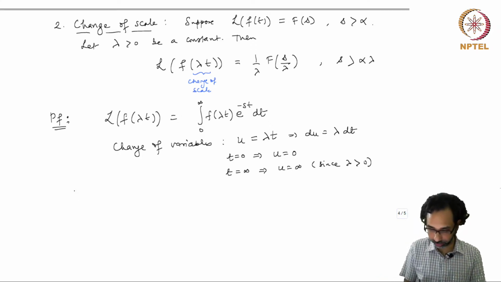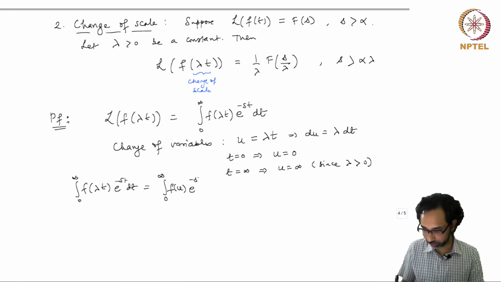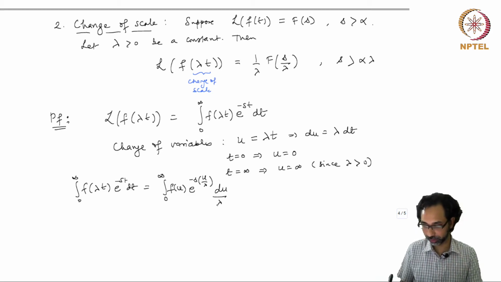So then our integral becomes the integral from 0 to infinity of f of u exponential minus s, now t is given by u by lambda, and dt is given by du over lambda. So now we can take the factor of lambda out of the integral.